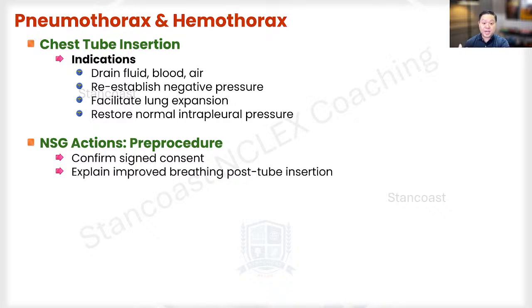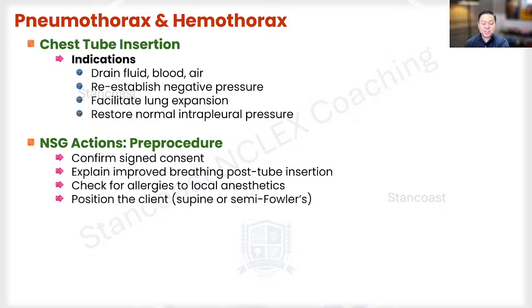Make sure that you check for the patient's allergies, maybe if they have any history of allergies to anesthetics. Make sure that you have that information and assist the patient to sit upright. Supine position is the best position for this patient, or it could be a semi-Fowler's position or according to the patient's tolerance.